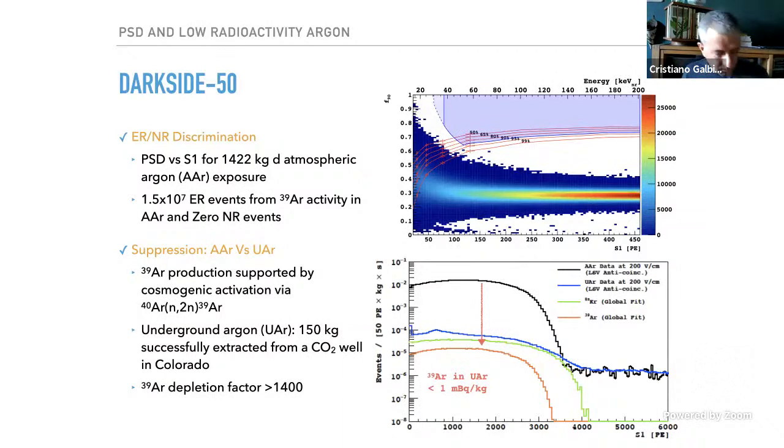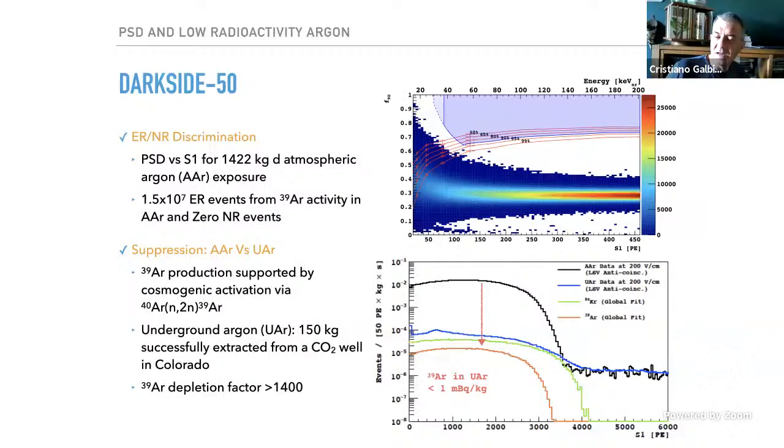So here are the results of WARP. First of all, you see here on the plot on the upper right side a beautiful separation of background from the region expected for the neutrons. The region expected for the neutrons is the blue shaded region.